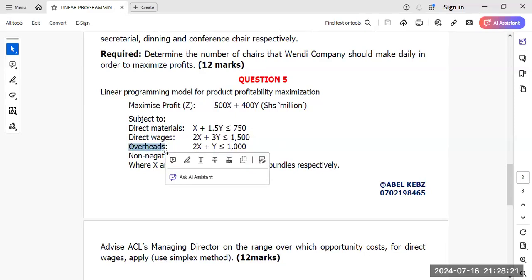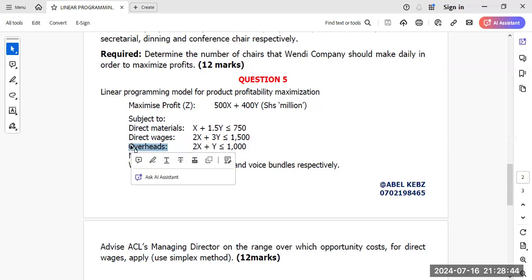So as you introduce slack variables, the first slack variable is representing direct materials, the second is representing direct wages, and the third is representing overheads.